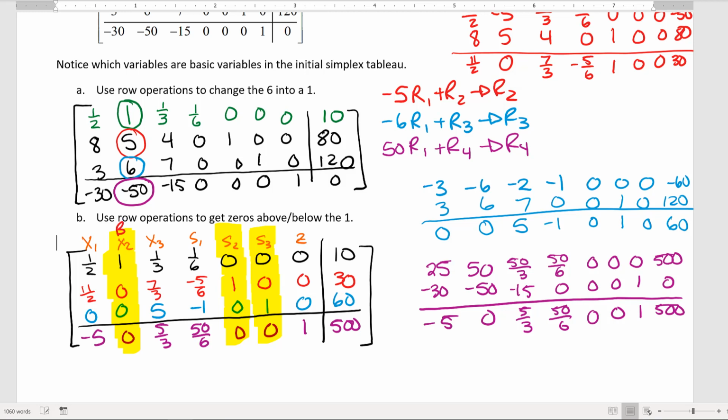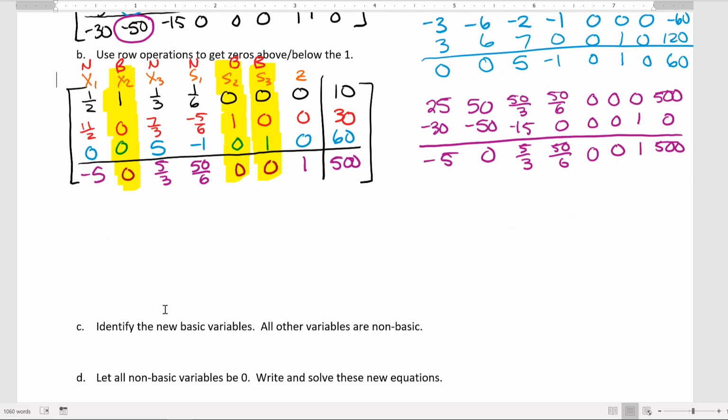So we have basic, basic, basic, which now means that x1 is a non-basic, x3 is a non-basic, and s1 is a non-basic. So that's the very next thing that they're asking us to do here. Identify our basic variables, which are going to be x2, s2, and s3.